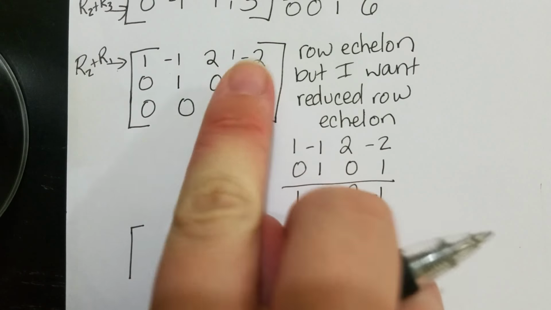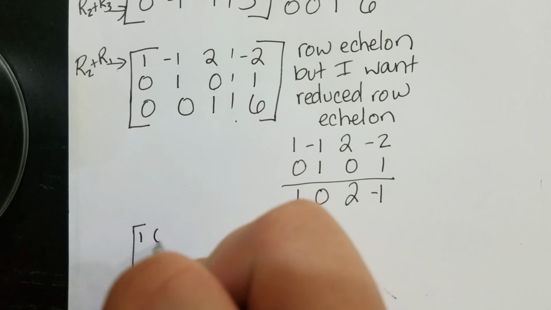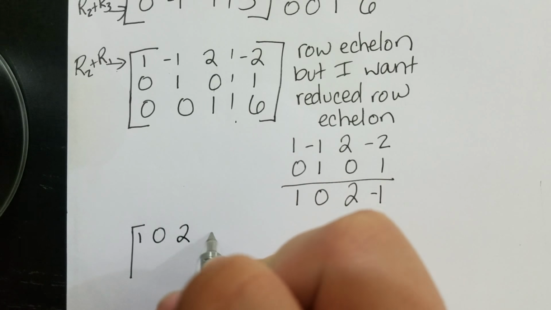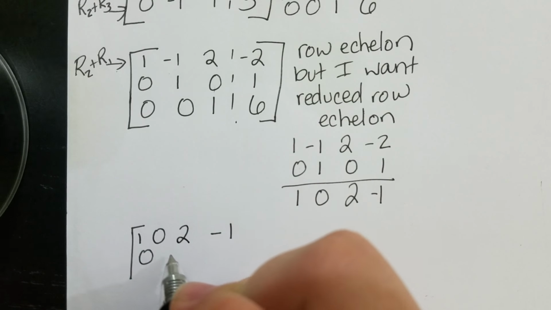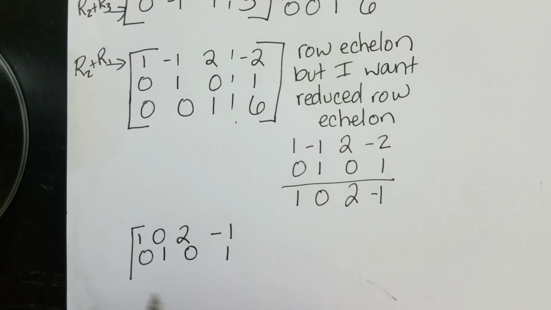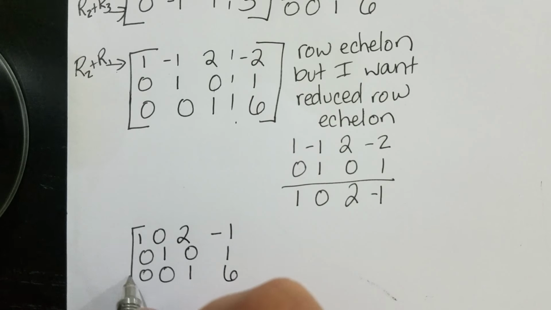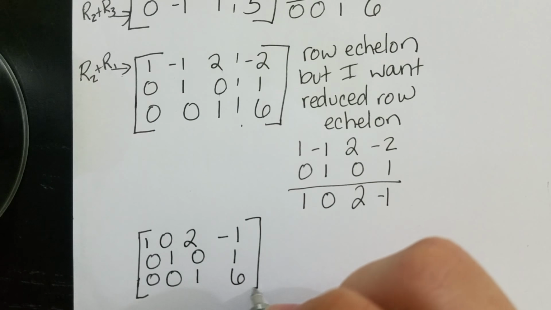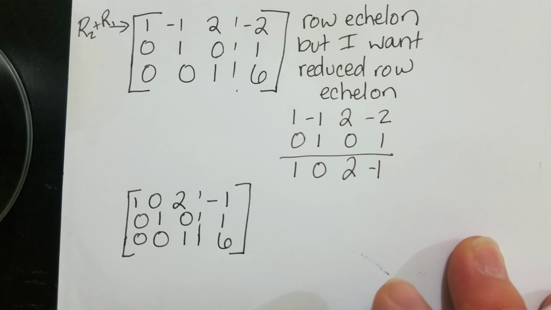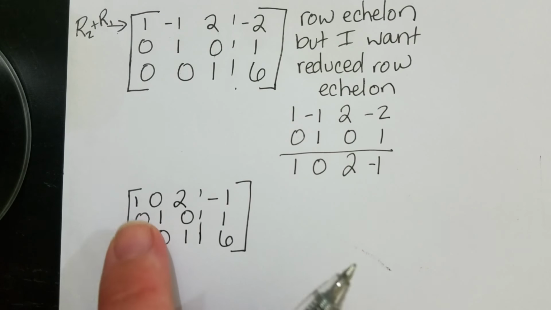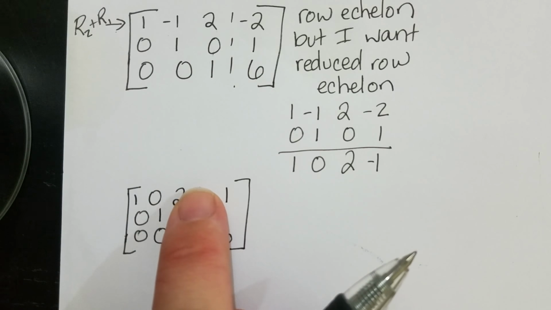So let's go ahead and rewrite that. Instead of the old row 1, I now have this one. Notice I kept my 1 at the front. You definitely need to do that. And then row 2, and then row 3. That looked a little bit like a 1, sorry. All right, notice I've got all these 0, 0, 0. This 2 is a problem. I need to get rid of this 2.